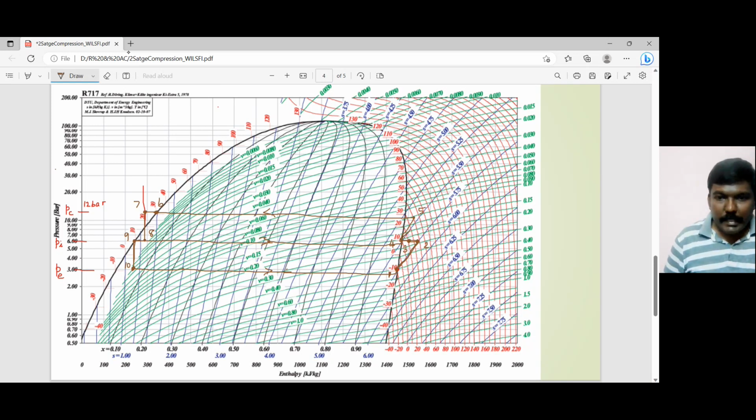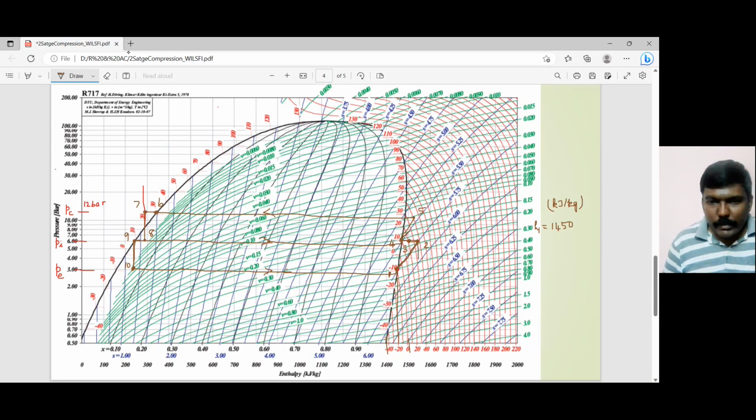Just like the previous case, this is my H1. H1 is somewhere between 1400 and 1500, in the midpoint. So let's say 1450. I have already said that the unit for the enthalpies is kilojoule per kilogram.